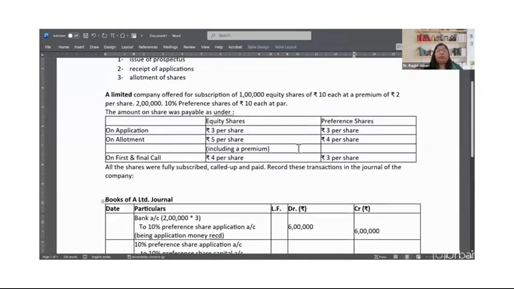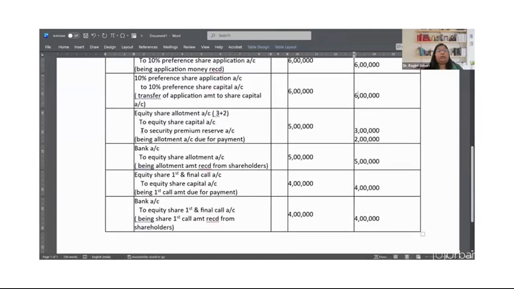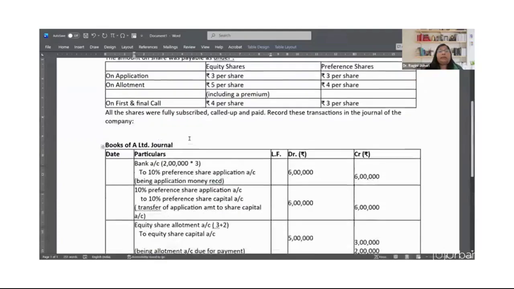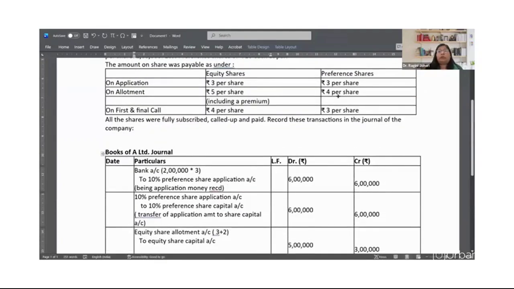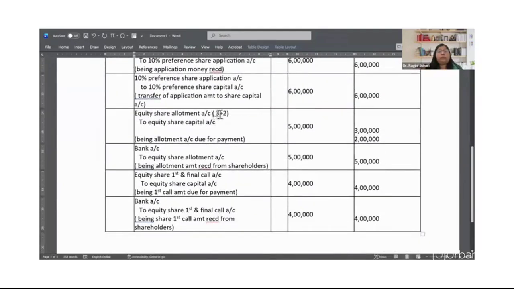Now comes the allotment. Now here allotment is 4 rupees and does not include any premium. That means now here we will be omitting this entry. So share application allotment is of 4 rupees. So this is entirely 4 rupees for 2 lakh shares multiplied by 4.